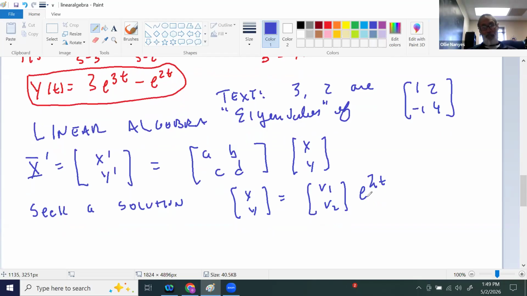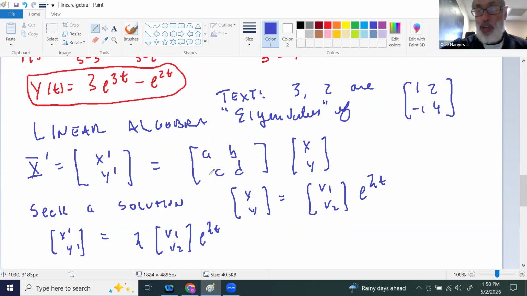So if this is the kind of solution we're looking for, then if I take the derivative vector, the derivative of e to the lambda t is still lambda, so we get lambda v1, v2, e to the lambda t.